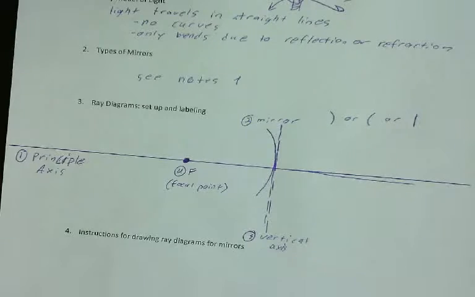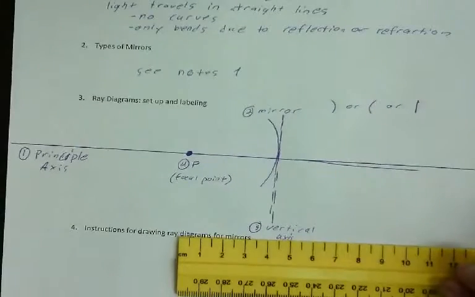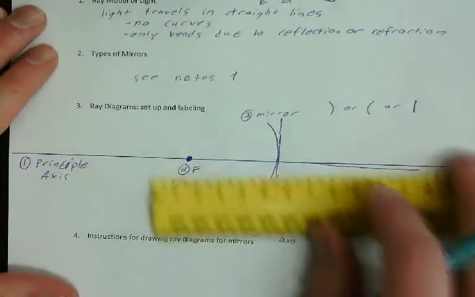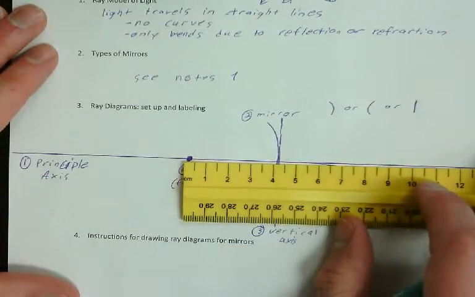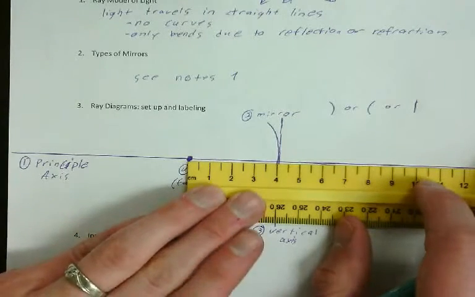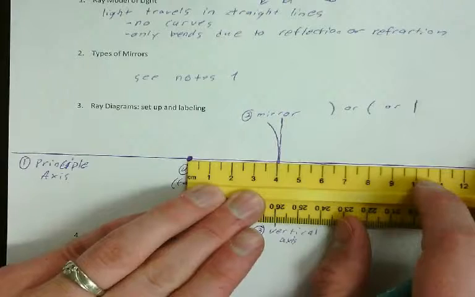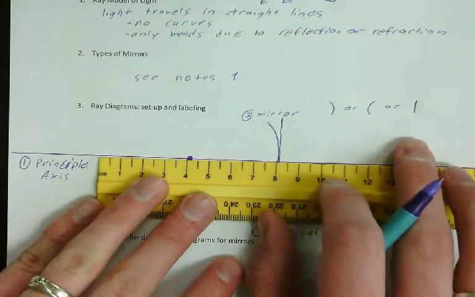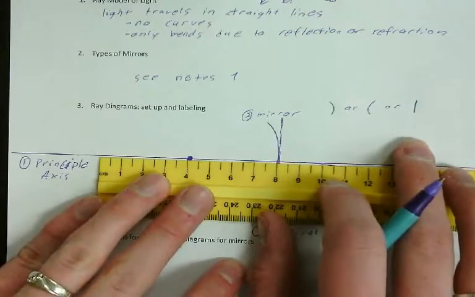Okay? Second to last step. You need to make something called the center of curvature. Center of curvature is double what F is. So if F is 4 away, then C is 8 away.